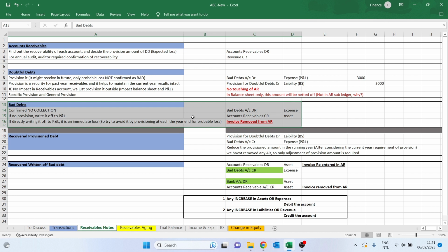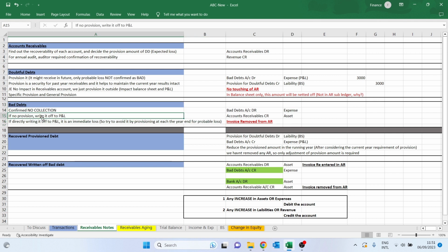Then this amount will not affect our current year income and expense account. If there is no provision, then we need to write off this amount in the P&L immediately because it is confirmed that it will not get collected.